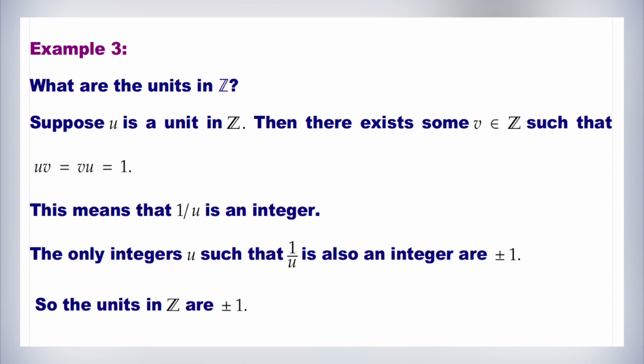Suppose u is a unit in Z. Then there exists some v in Z such that uv equals vu equals 1. This means that 1/u is an integer. The only integers u such that 1/u is also an integer are plus or minus 1. So, the units in Z are plus or minus 1.